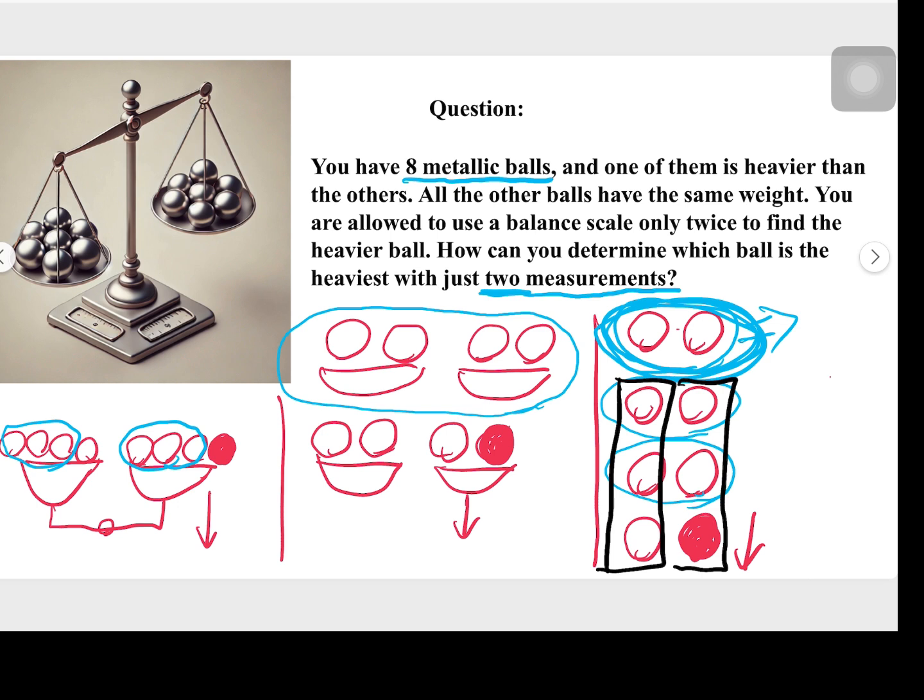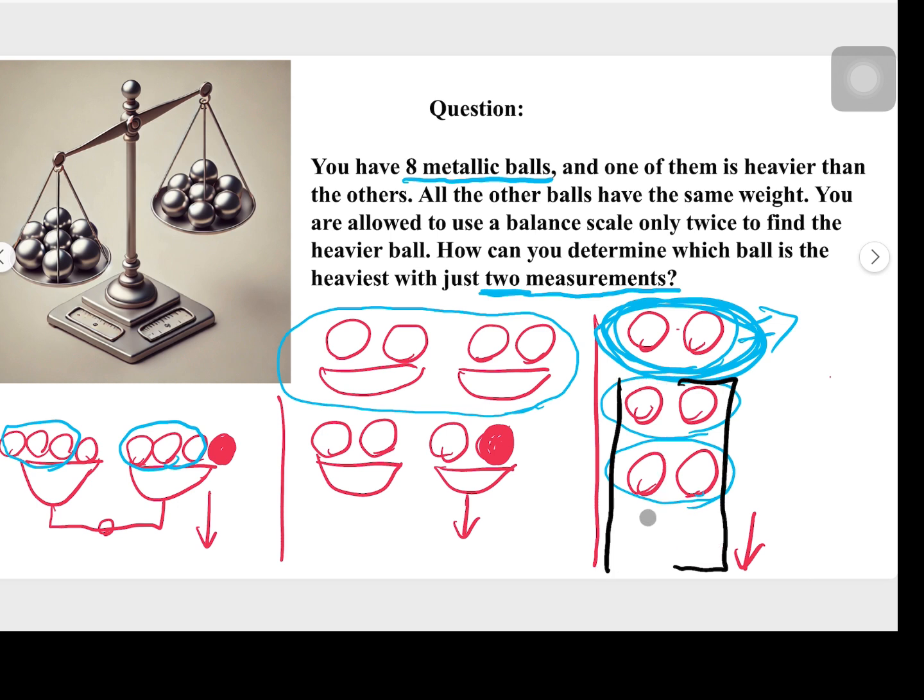And if I find that one side is heavier, in that case my balanced balls do not need to be measured. On the other hand, if on the scale I have balance, then it means that the two balls which are not measured so far need to be measured. In this case, I can use only 2 measurements.